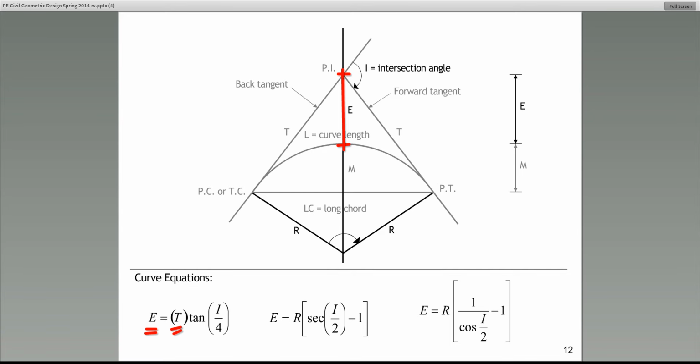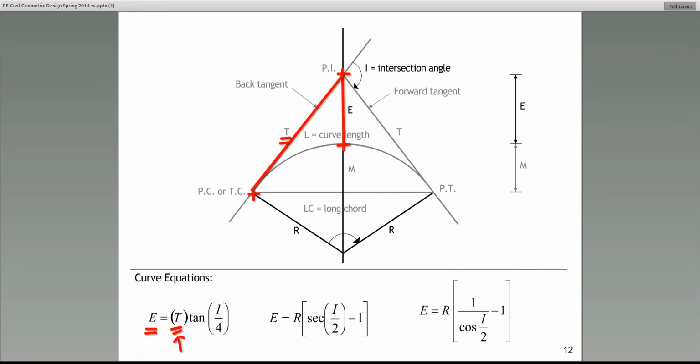I don't think I mentioned that before, but please note, and this is very, very important, guys, the distance between the PC and the PI, we have defined that as the back tangent, but that distance we refer to as T, capital T, and that's in this equation down here. And of course, I repeat the first equation. E is equal to T times tangent of I over 4.